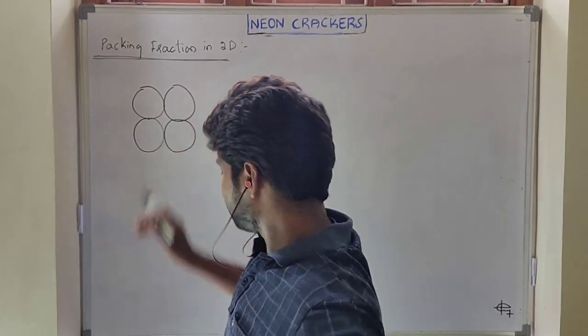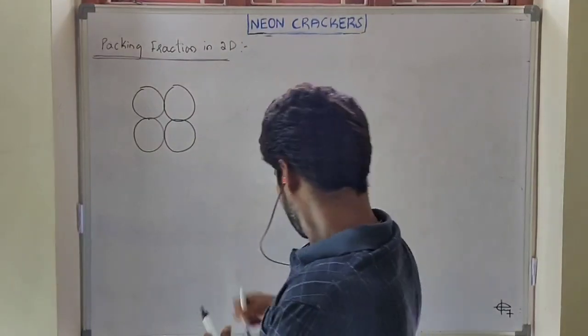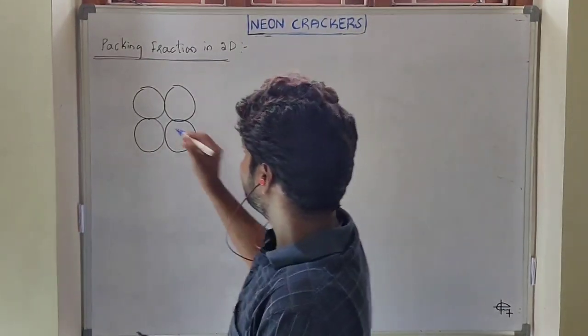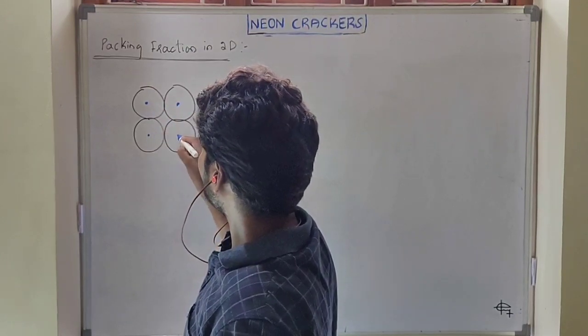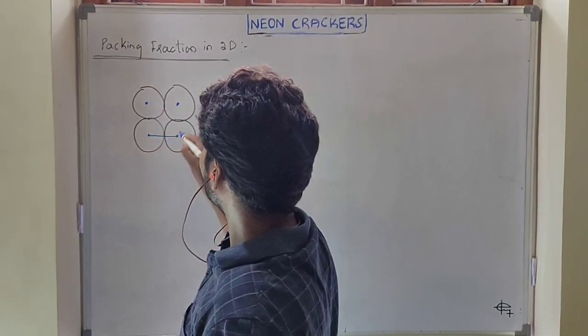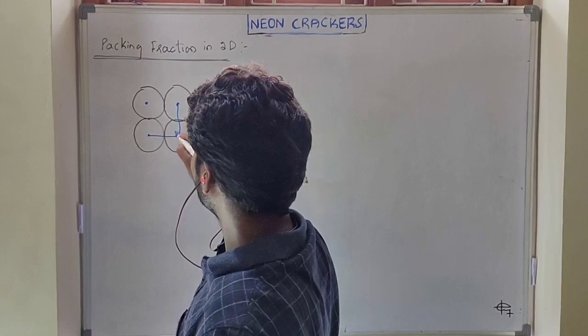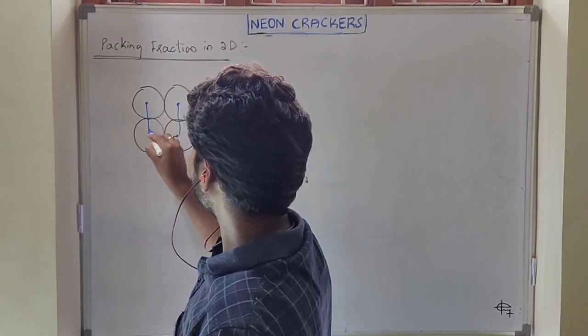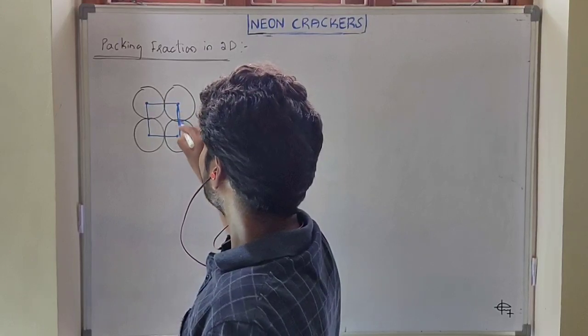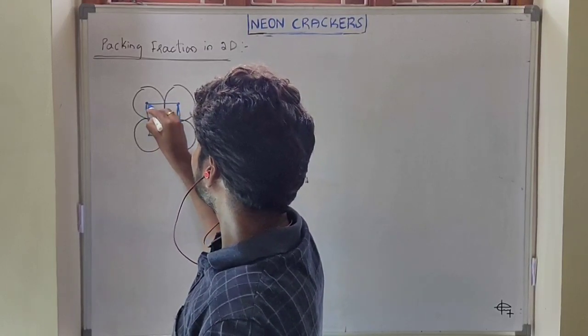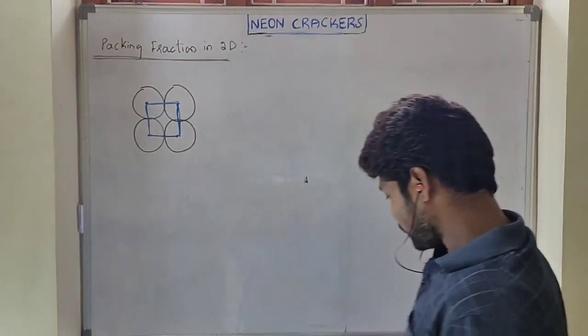So like this, 2D dimension. From the nucleus, the center of the atoms, if we draw a line, we can get the imaginary unit cell. That imaginary unit cell is square shape, right? Now, what is the packing fraction?